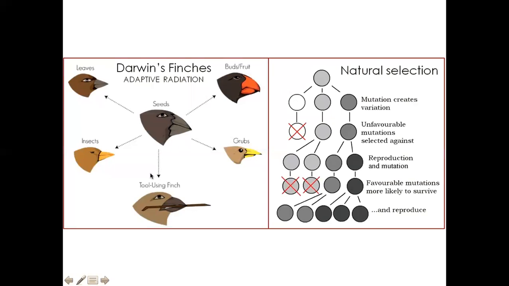In the case of beak size and shape, which is one of the things that Darwin observed when he started coming up with this, then the population is naturally going to evolve or drift in the direction of better fitness.